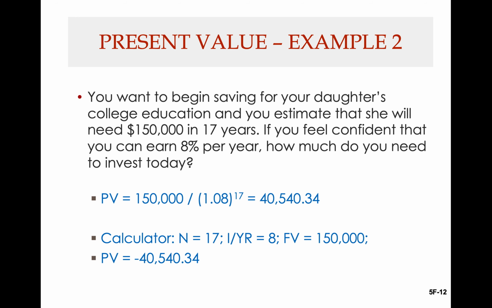Using your financial calculator, you can find the same answer much quicker. So you enter 17 as your number of years, interest rate as 8%, future value as $150,000, and once you click or press the PV button, you should get negative $40,540.34. As we walk through these problems, feel free to pause the video and work these problems on your calculator.